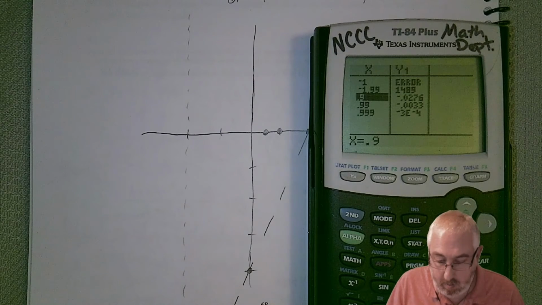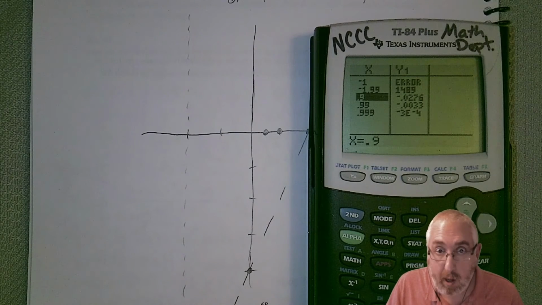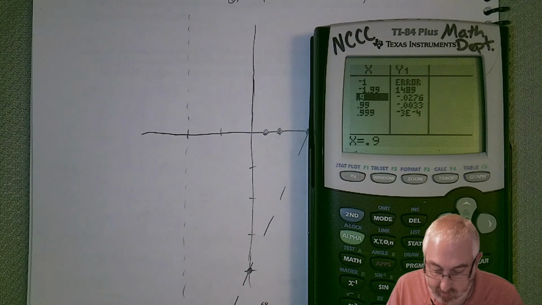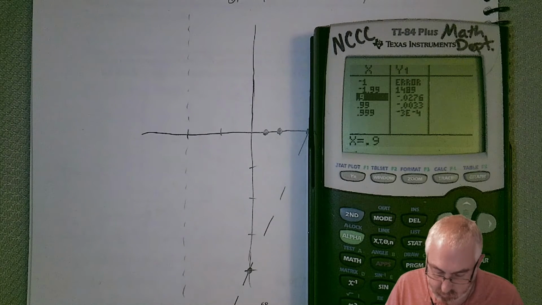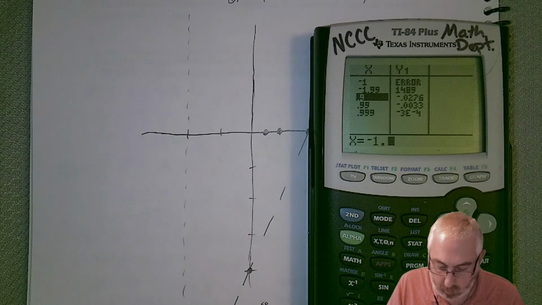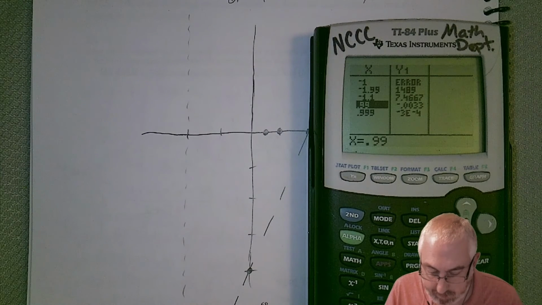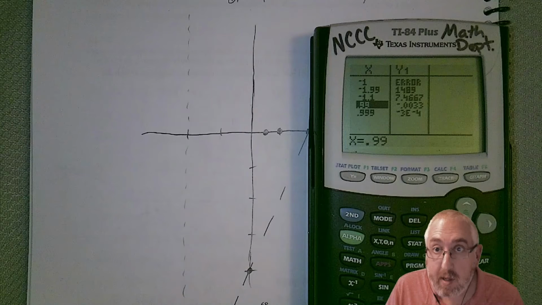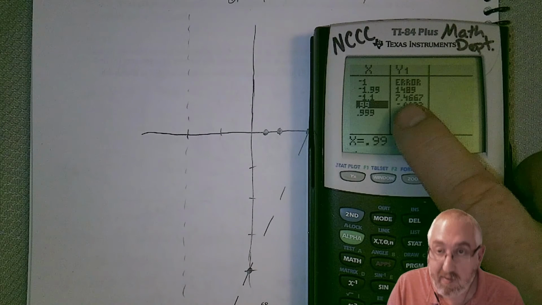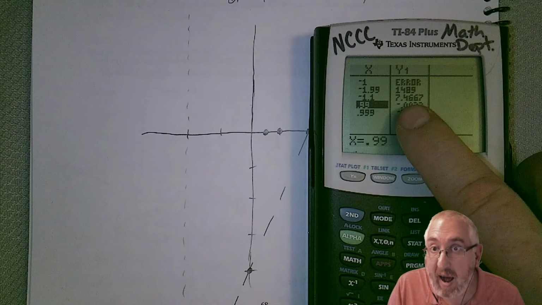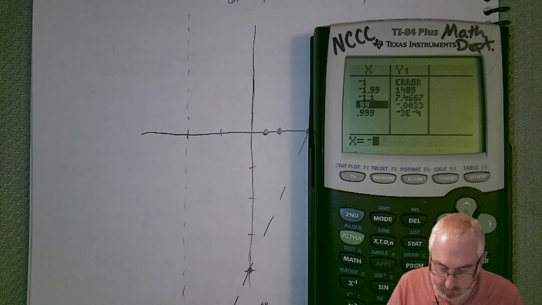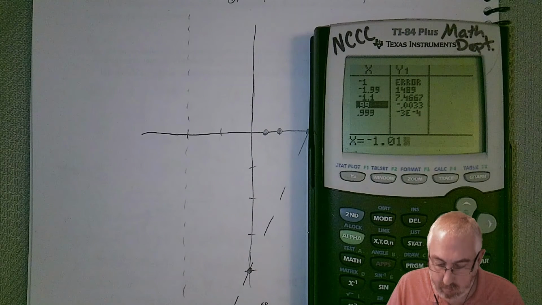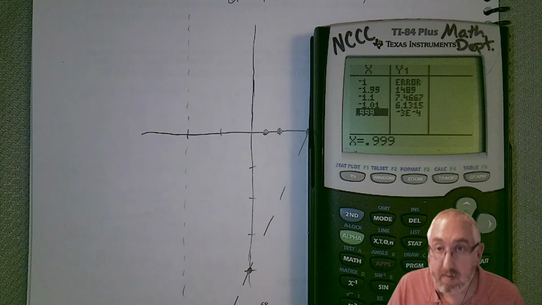Now, let's see what happens close to -1. So let's try -1.1, just a little bit to the left of it. And so we get roughly 7.5. So if we said -1.01, we get about 6.